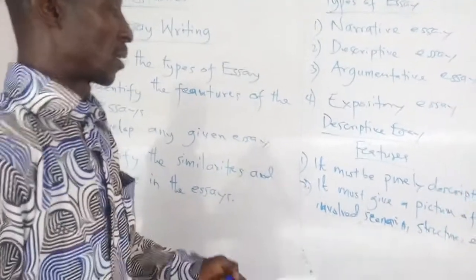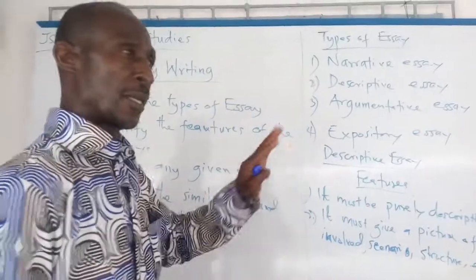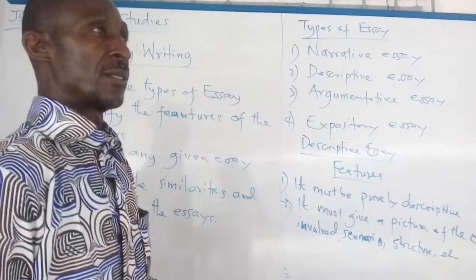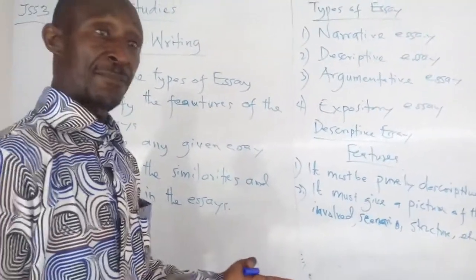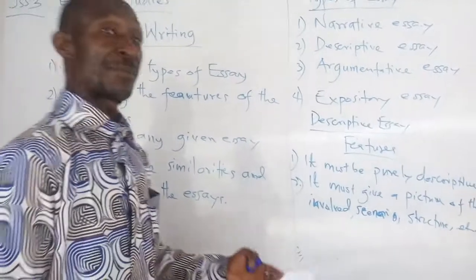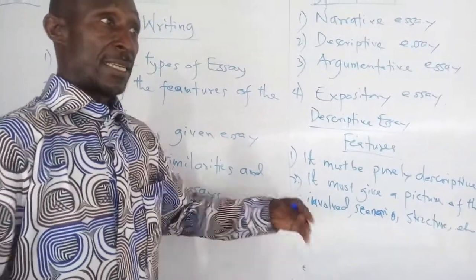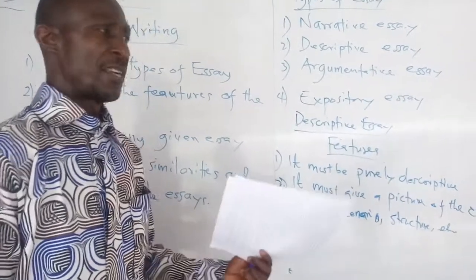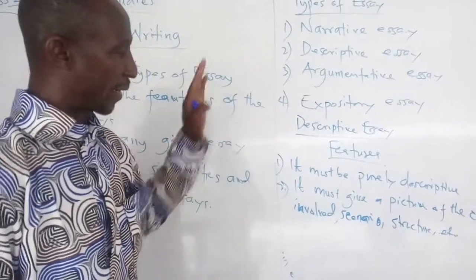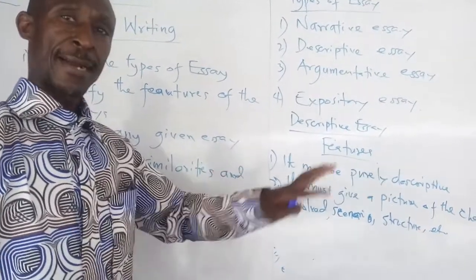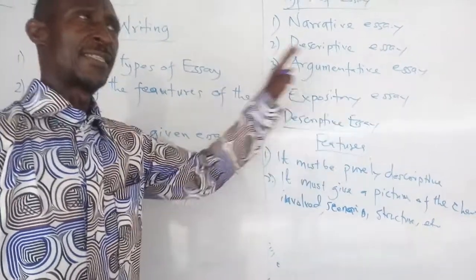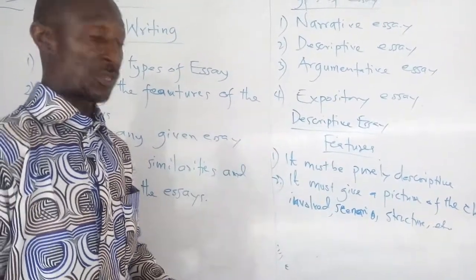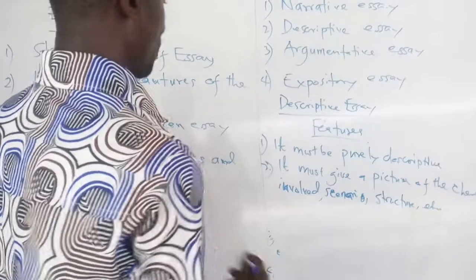In other words, there must be a description of the picture of the characters involved in the story, the scene where the event being described took place, the nature of the people there. In a nutshell, the characters, the scenario, and every event that took place should be seen through descriptions. That is a descriptive essay.